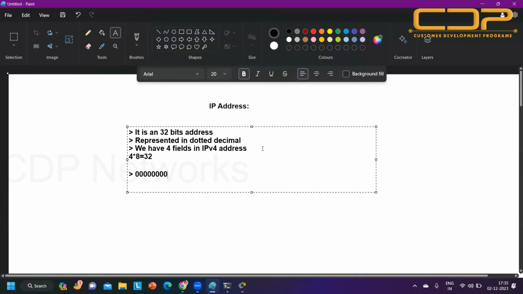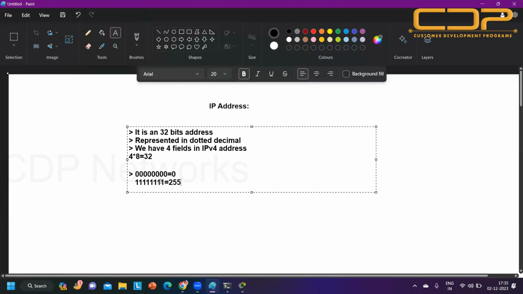With the help of 8 bits, if all bits are 0, that means the decimal value is going to be 0. If all bits are 1, then I will get the maximum value: 1, 2, 3, 4, 5, 6, 7, 8. Now what will I get? Maximum value, that is 255.